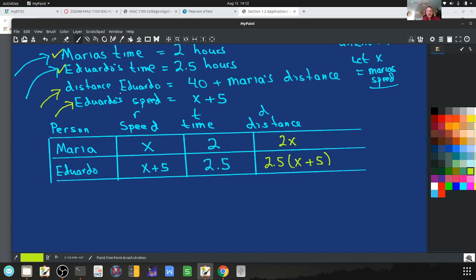The only thing that we don't have in the table is Eduardo's distance. But we know that Eduardo's distance is 40 plus Maria's distance. So we've got it, right?